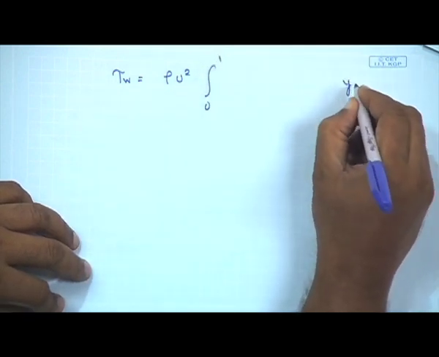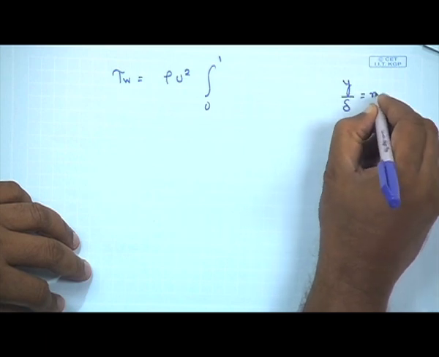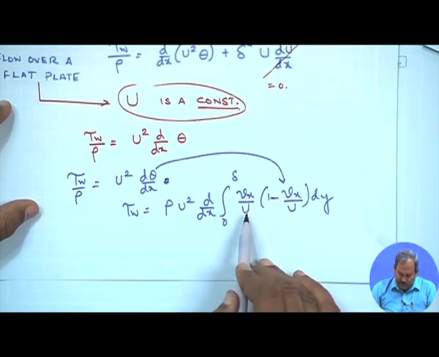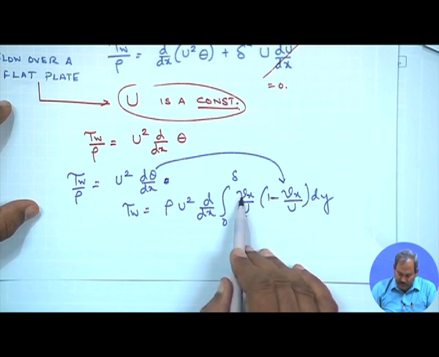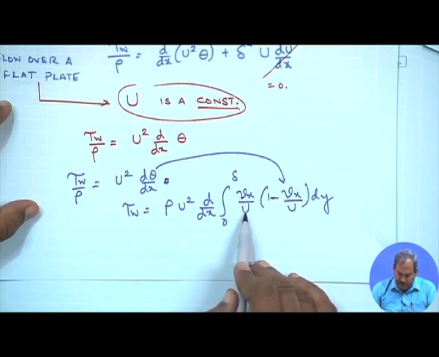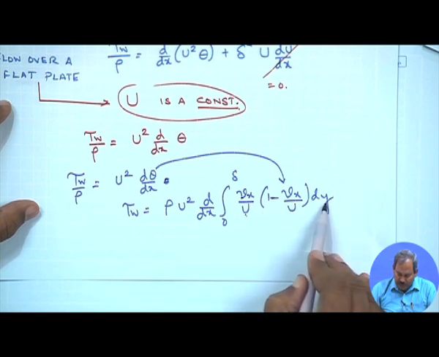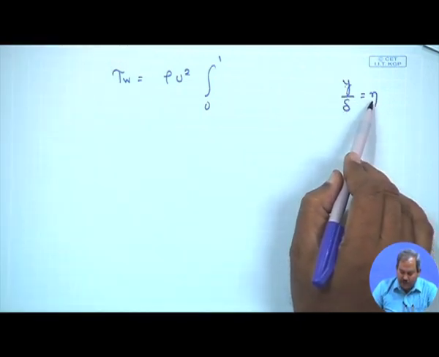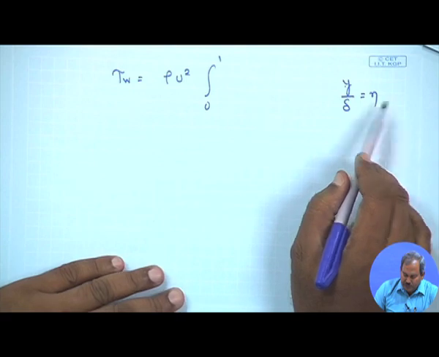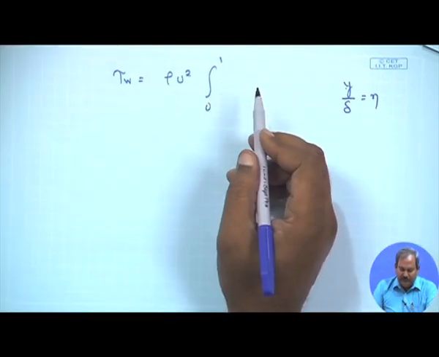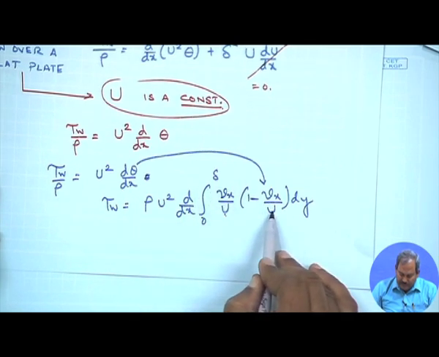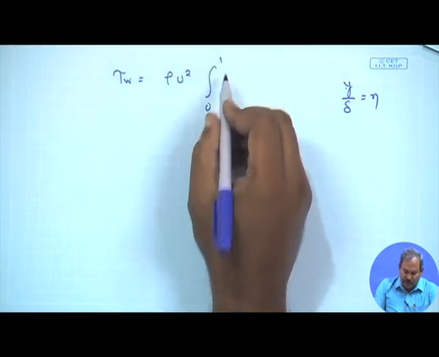And we will say that y by delta is equal to eta, since the velocity in the previous equation is dimensionless, because we are dividing the local velocity by the free stream velocity, which is a constant. So, we are dividing y by delta in order to bring in a new variable which we call eta, and therefore the limit from 0 to delta, since we are dividing by delta, would simply be 0 to 1.